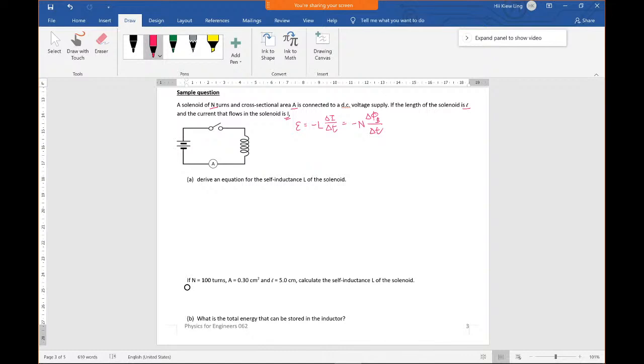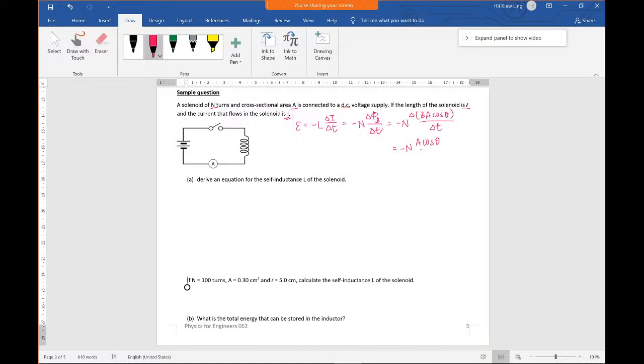So you have to further expand your change in magnetic flux. Magnetic flux is BA cos theta. Simplify the equation by moving out the constants. In this case, the factor of change is the current, and the current will affect your magnetic field.